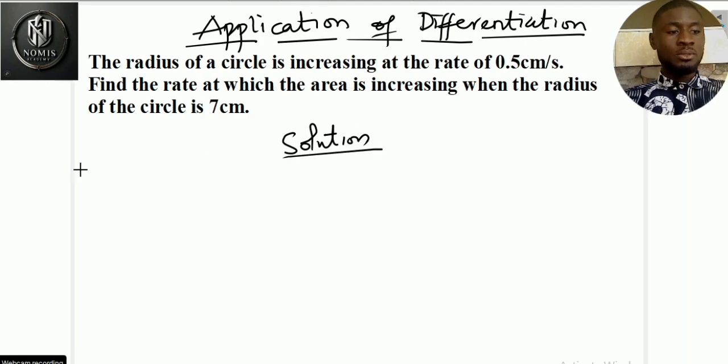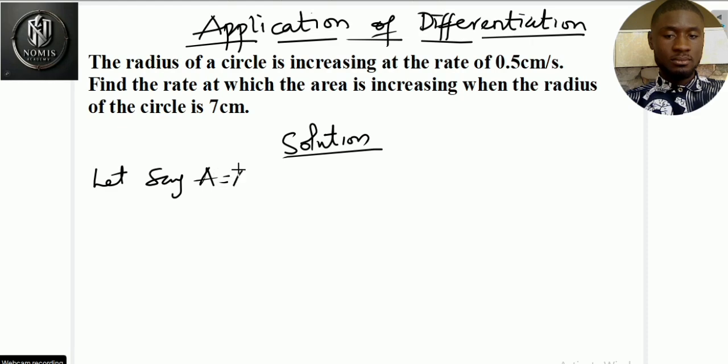Solution. Let A be the area of the circle and r the radius. Firstly, let's interpret dr/dt.